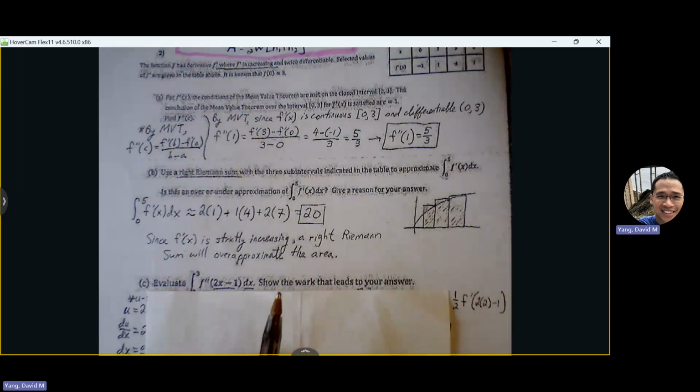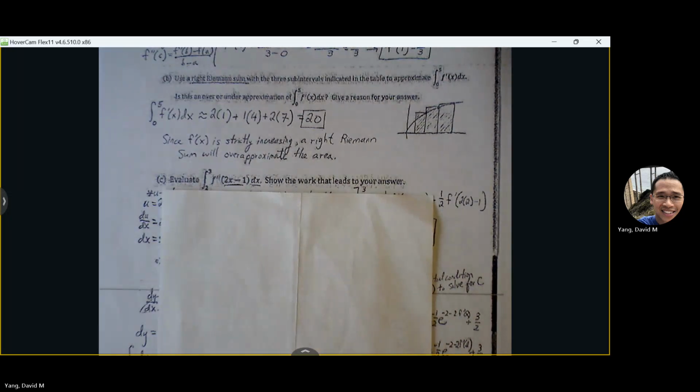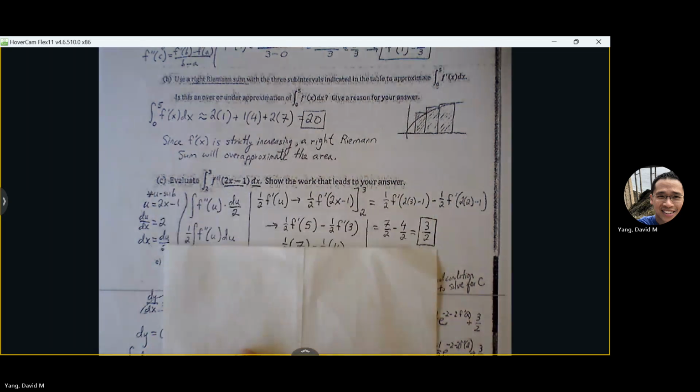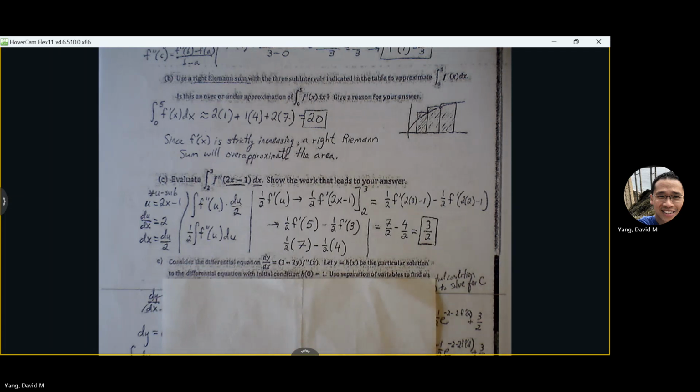Use substitution for part C. The u value is that expression inside the parentheses.